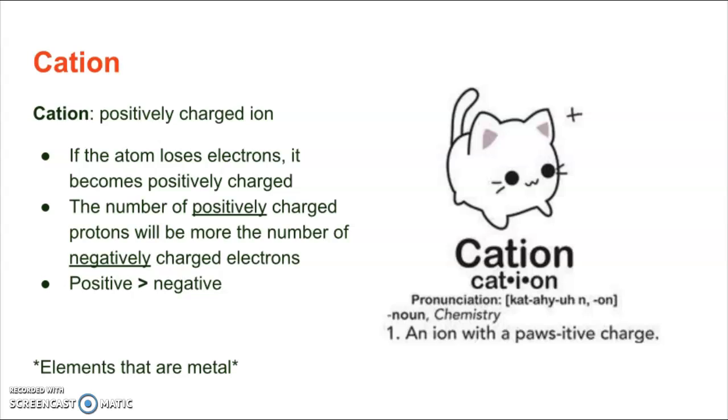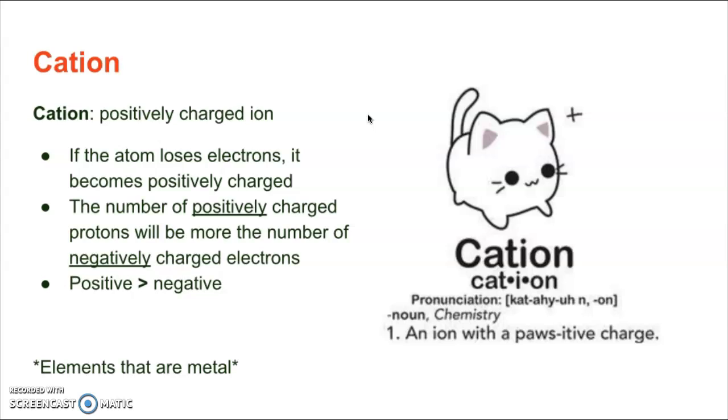The first ion that we're going to be talking about is a cation, or a positively charged ion. And you can think of that as: a cation is positively charged, right? Cats have paws. Makes sense, okay? And how it becomes a positively charged ion is that if an atom loses an electron, so it's losing its negativity, it's got to be more positively charged because I have more protons than I do electrons, okay?